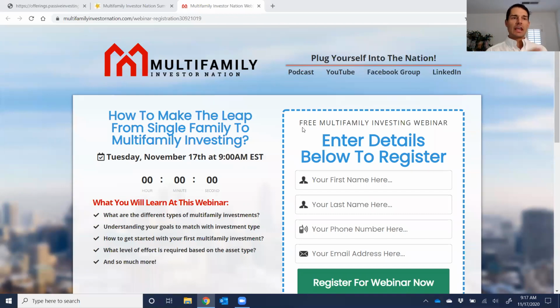So, in the case of the W-2 person who wants to quit their job, maybe they can go after more of a value add or heavier value add opportunity because they want to put in more sweat equity and increase rents and get a better purchase price or a better deal, potentially, and have more cash flow for them, versus the person who wants to continue working and really is looking for that long-term investment, from a security perspective, from a growth perspective.